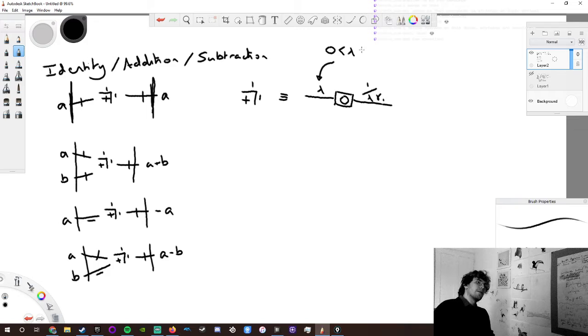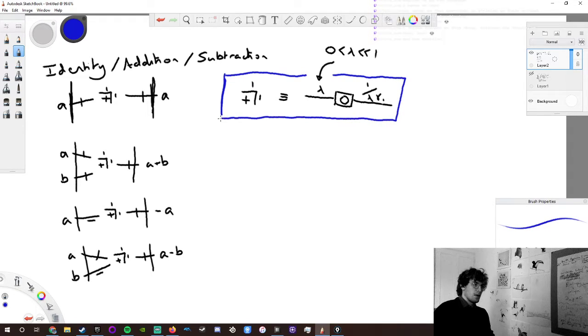So lambda is greater than 0, but much less than 1. Let's put a box around this, because this is our first definition that we'll start using.